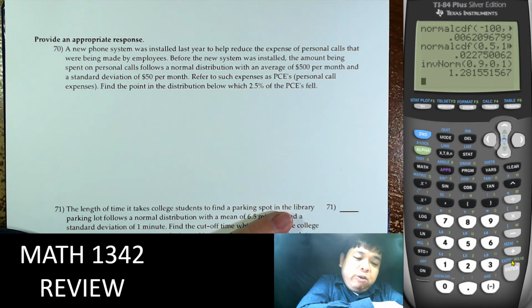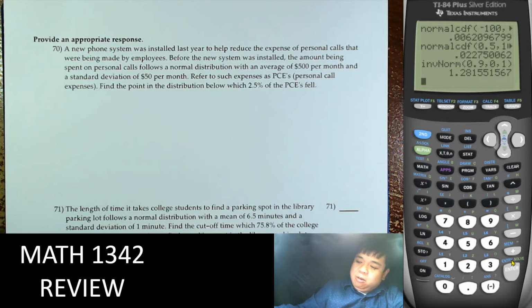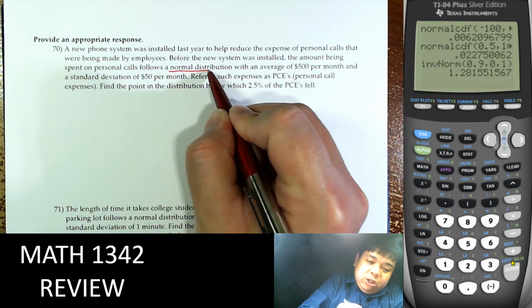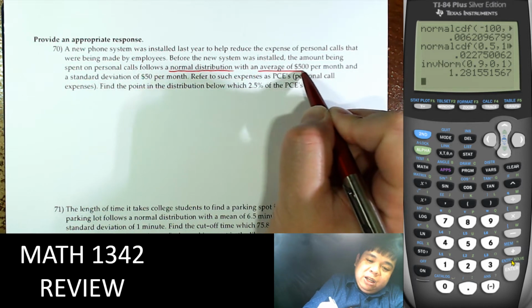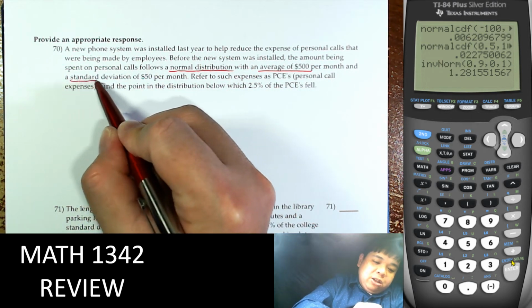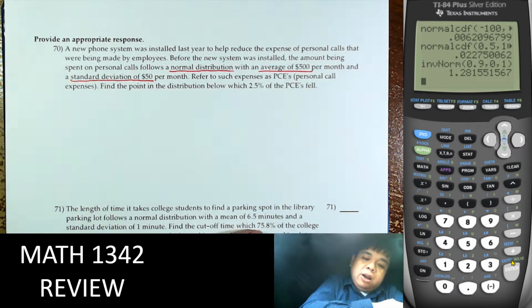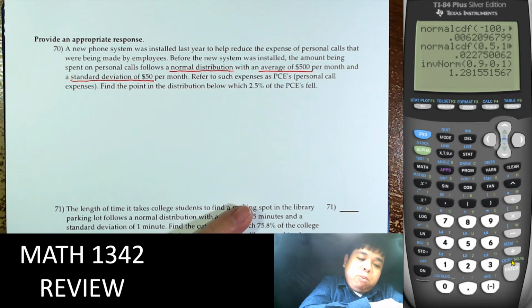Right. Next, we have a new phone system. Now the important things here, of course, normal distribution, the mean, and standard deviation. Find the point in the distribution below which 2.5% of PCE personal core span fell. So we want below the 2.5%, so the very small.